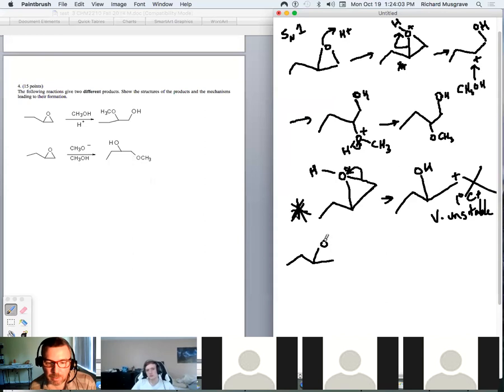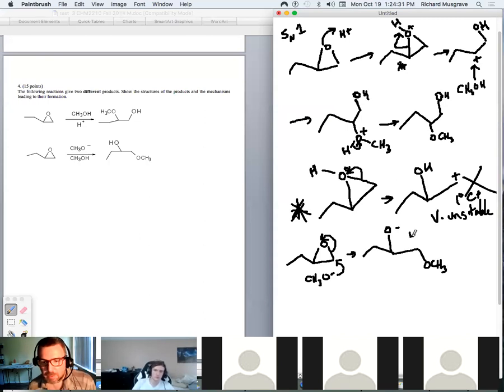So for the second one, it looks like this. And then the O- can take an H off one of the alcohol groupings here in the solvent, CH3OH.